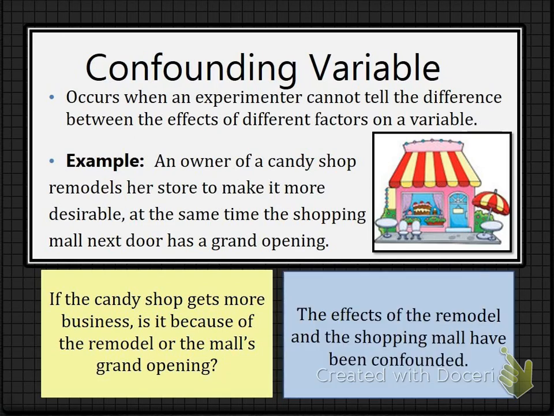So now the effects of the remodel and the shopping mall having its grand opening have become confounded. Obviously, as the business owner, what you wanted to find out is if the remodel was causing you to sell more candy. So the shopping mall opening becomes your confounding variable, and you can't tell. That's going to happen all the time, right?